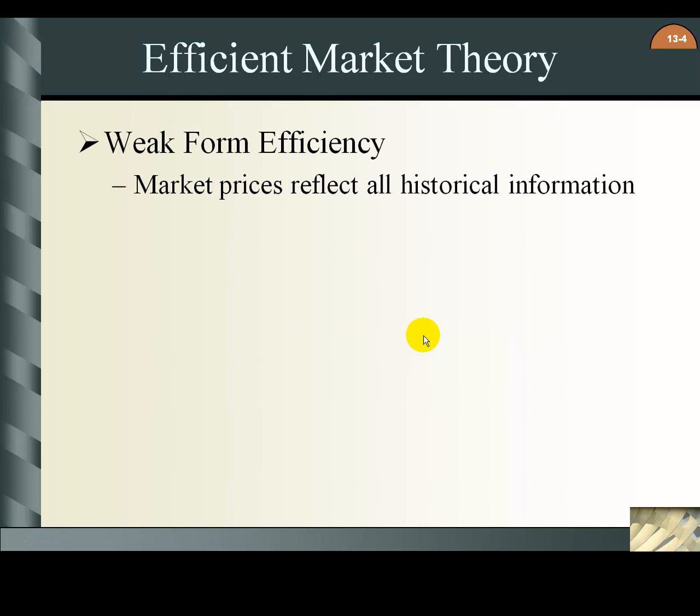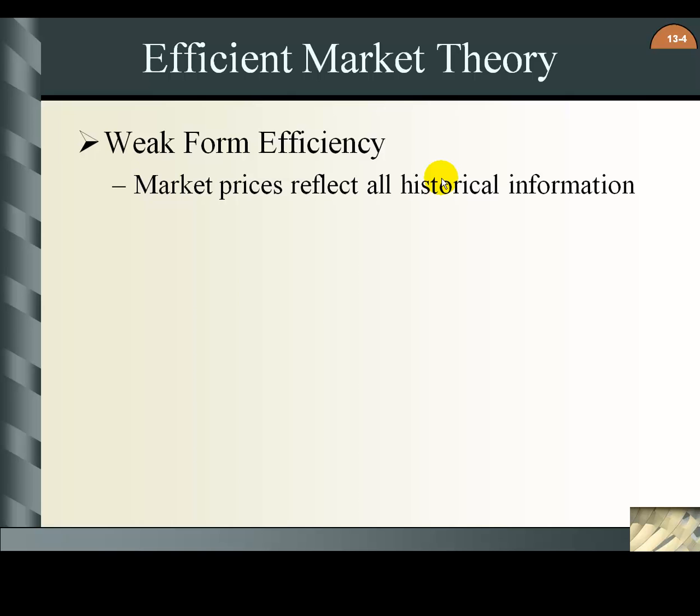All right. The next part is that you have to understand that market efficiency has three different forms, or you could say it comes in three different flavors. The first form is what we call the weak form efficiency. It says that market prices reflect all historical information. The key word is historical. Historical information means past information about a company.